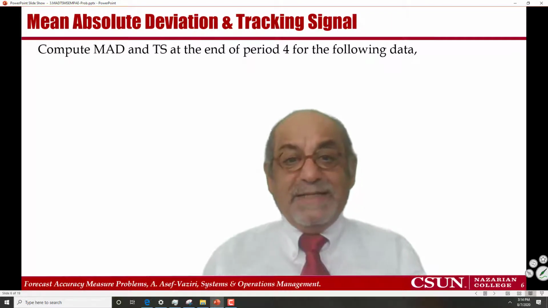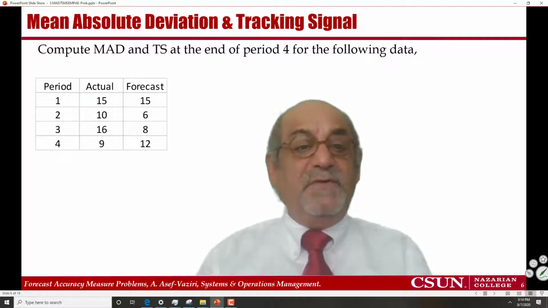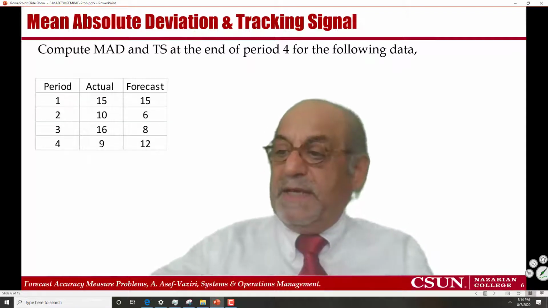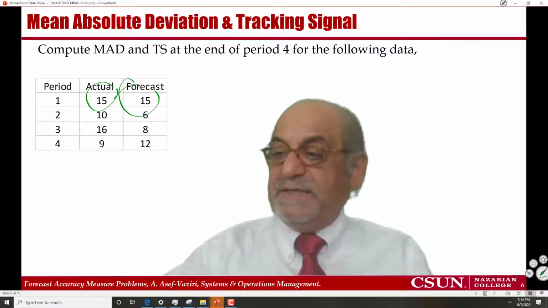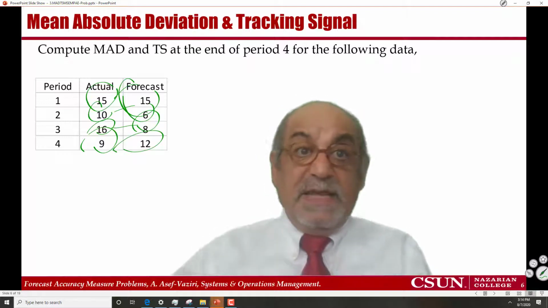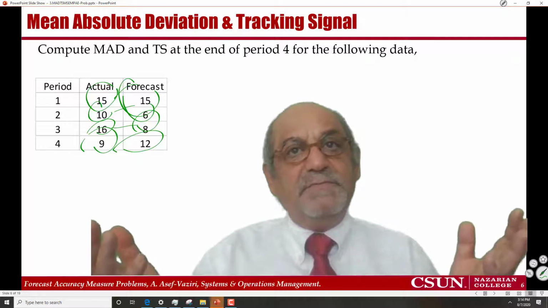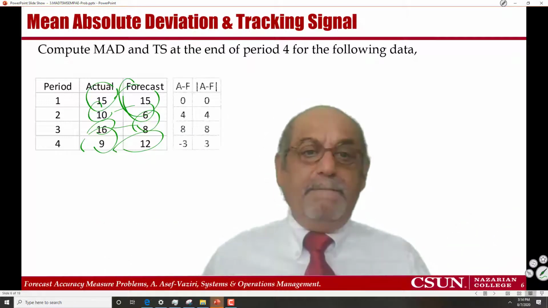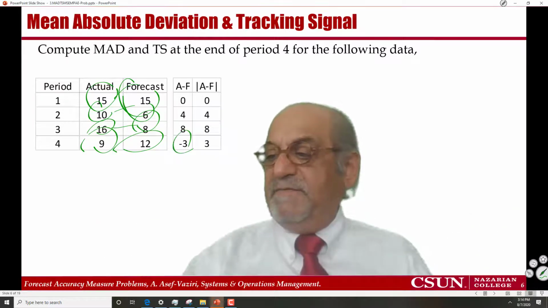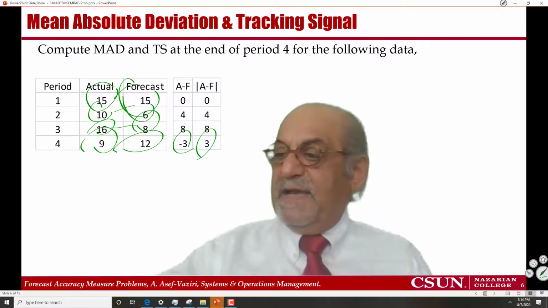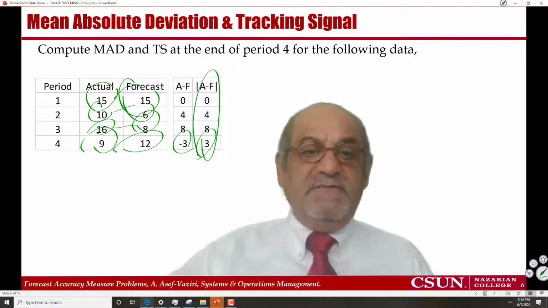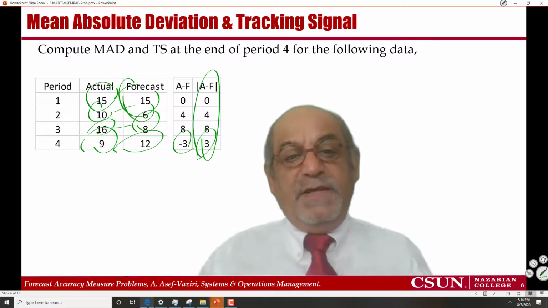Compute MAD and tracking signal at the end of period 4 for this data. We take actual minus forecast for each period, and if they have a negative sign, we drop that negative sign and then average them. As simple as that. We replace this negative by positive, and then we have these positive numbers 4, 8, 3, and so on.